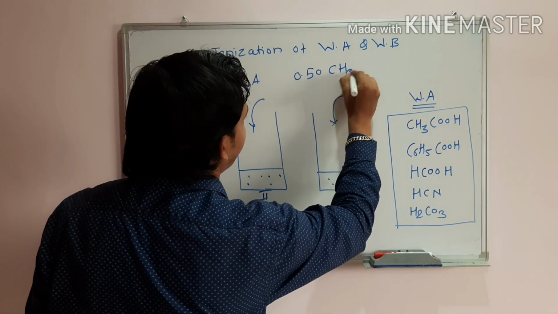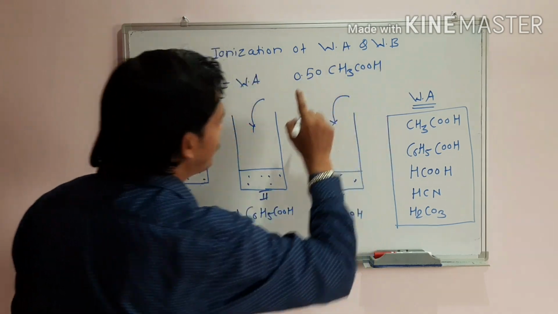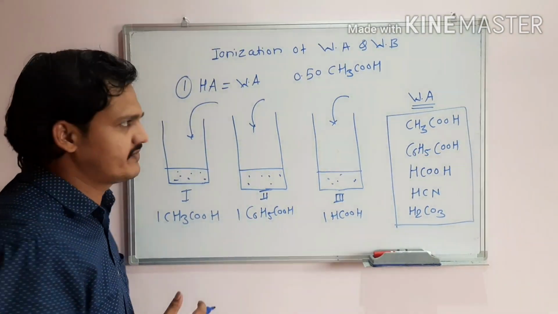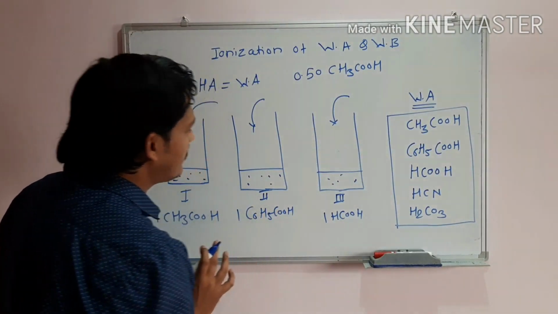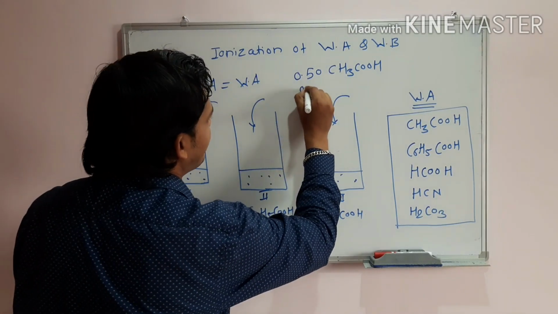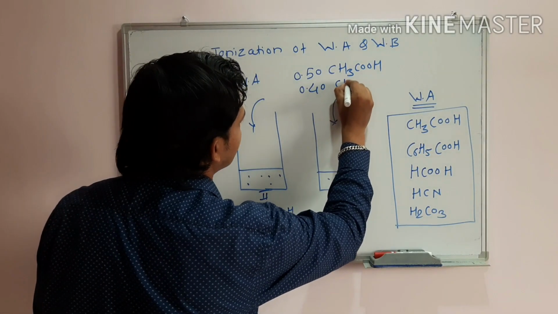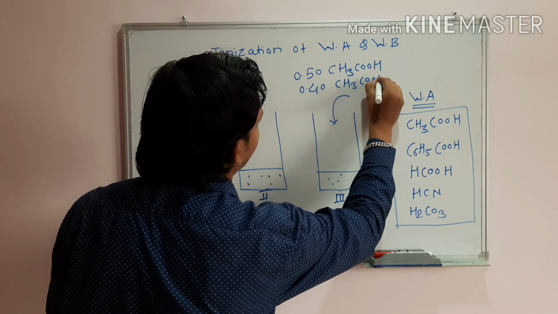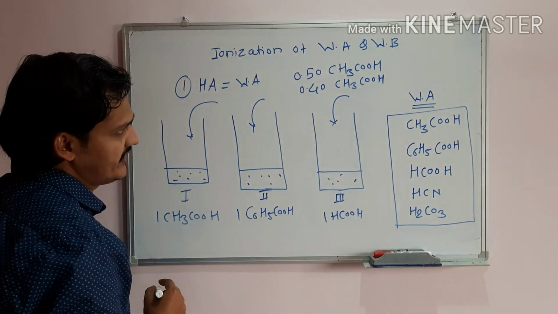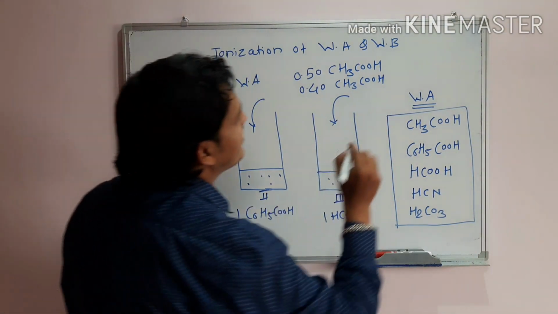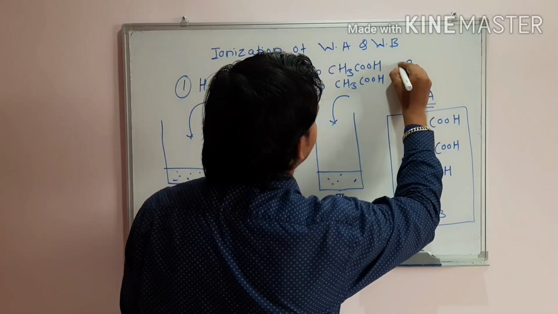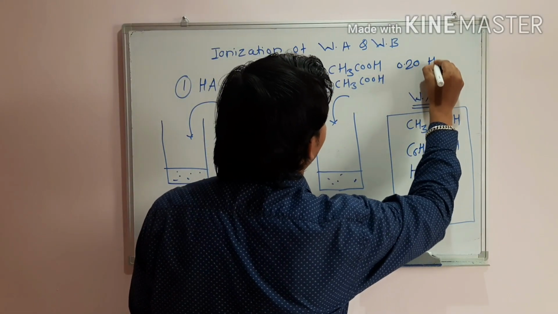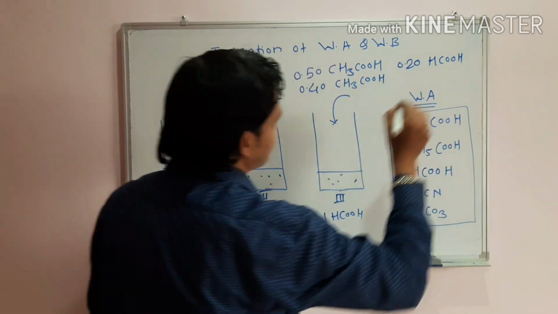Out of 1 mole, 50% dissociation takes place. In case of benzoic acid, 0.40 moles are dissociated. And in case of formic acid, 0.20 moles of formic acid are dissociated.